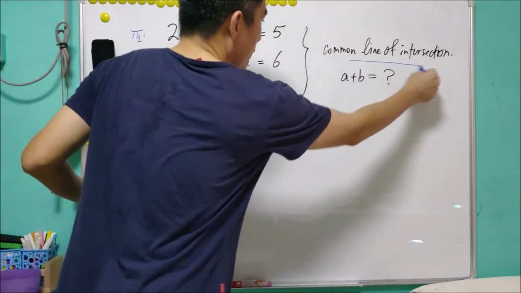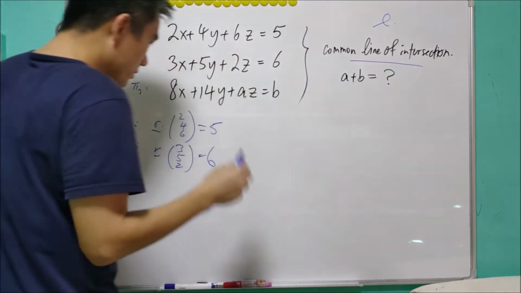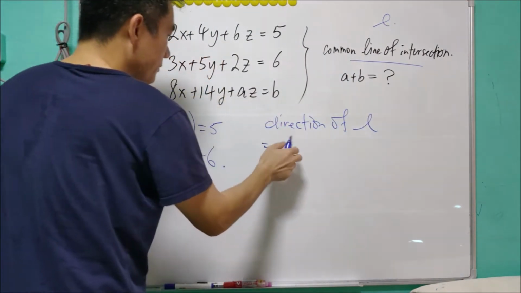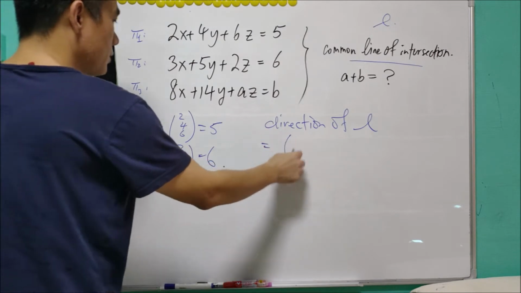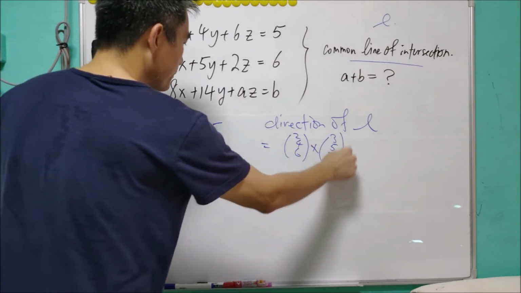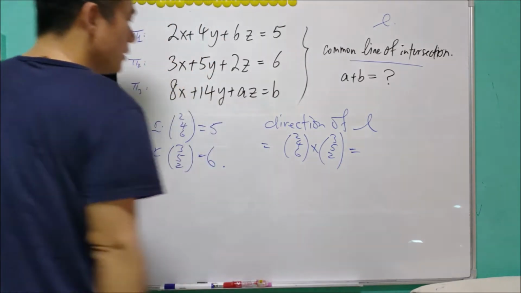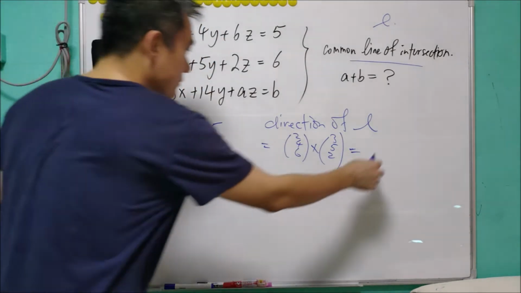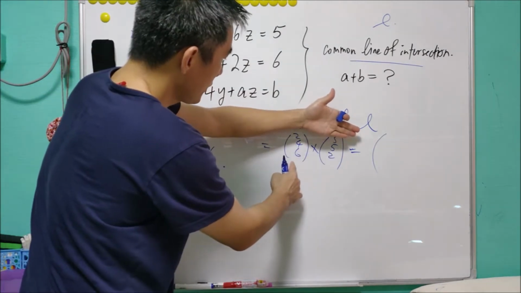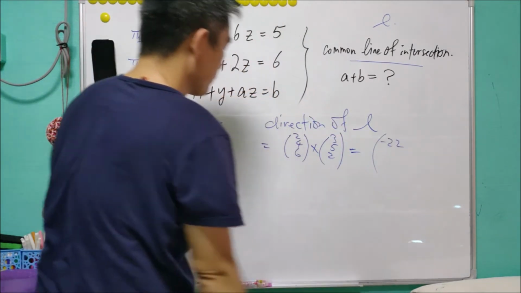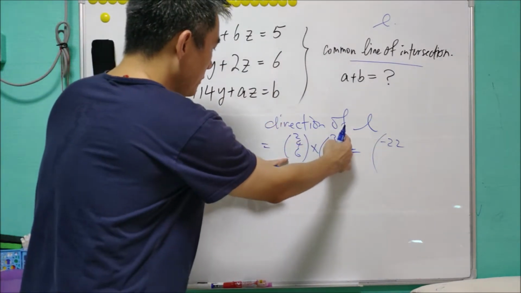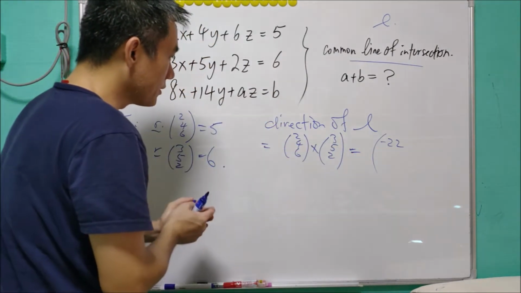Let this common line of intersection be L. So the direction of L will be equal to (2, 4, 6) cross with (3, 5, 2). Cover the first row, 8 minus 30, that is negative 22. Cover the second row, 4 minus 18, that is negative 14.